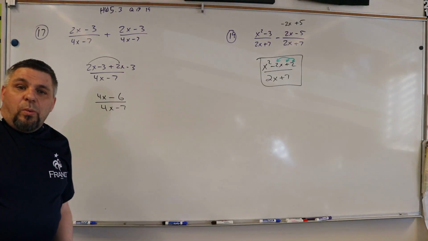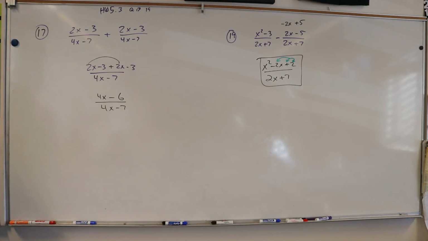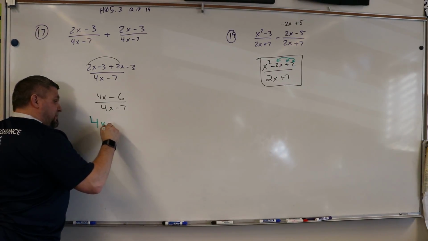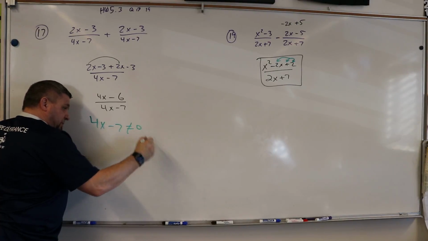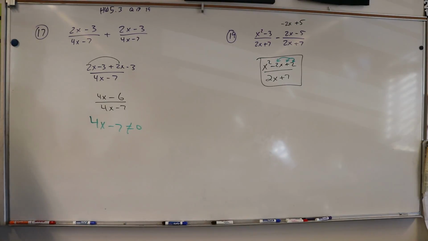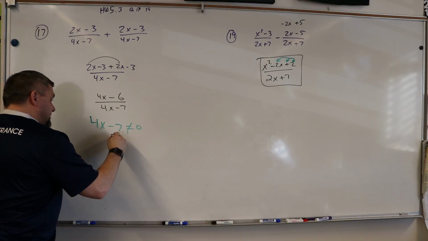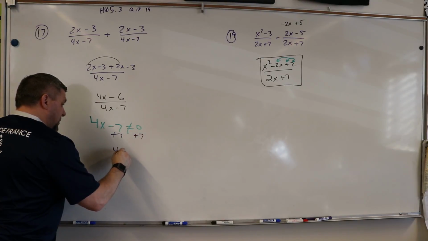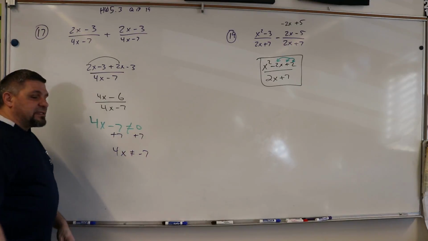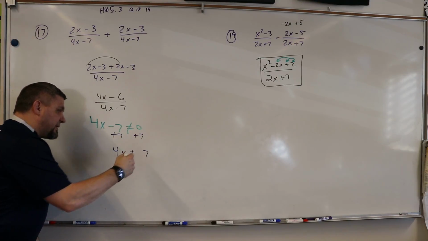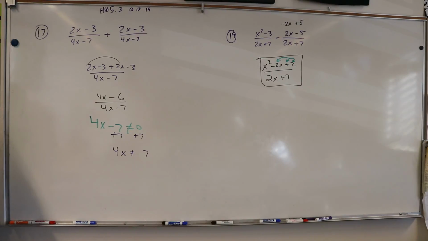Now, what can x not be? So in this case, 4x minus 7 cannot equal 0. Right? So we solve. Plus 7 plus 7. So 4x cannot equal 7. And then divide, right?